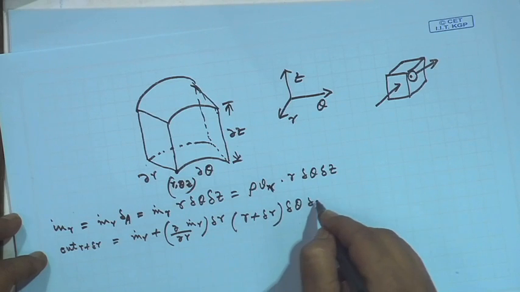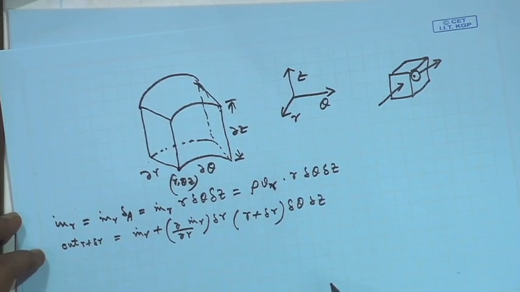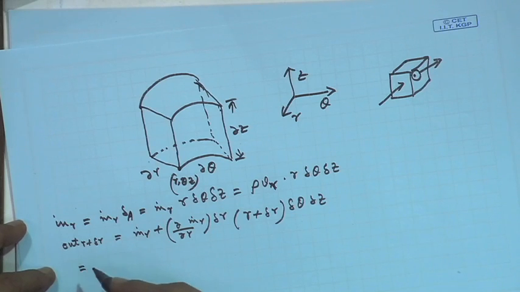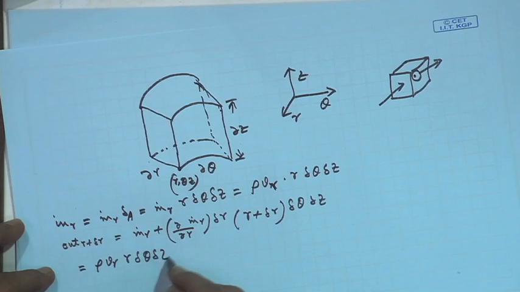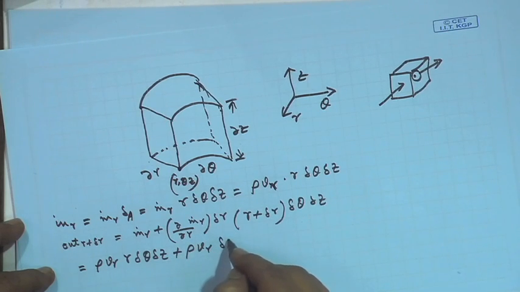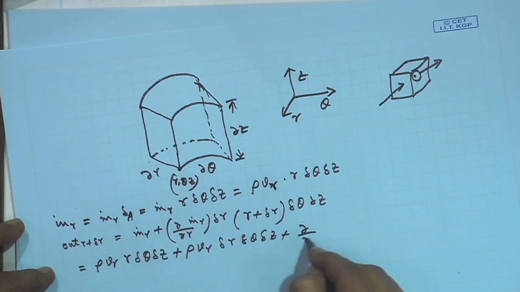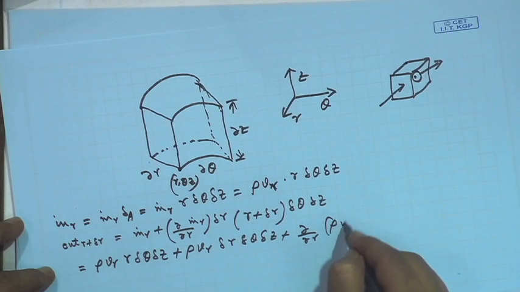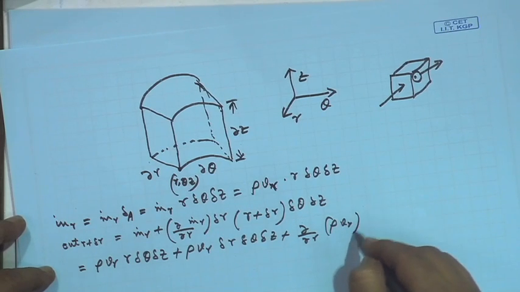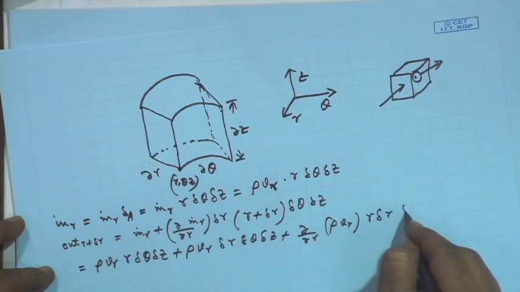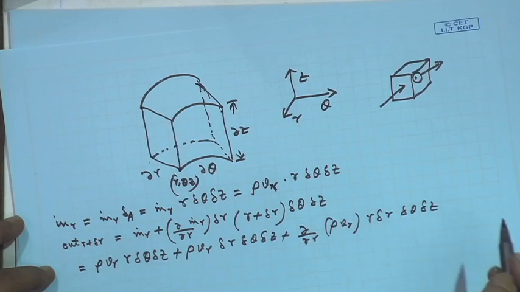On simplification this is nothing but rho V r r del theta del z plus rho V r del r del theta del z plus del r of rho V r del r del theta del z.